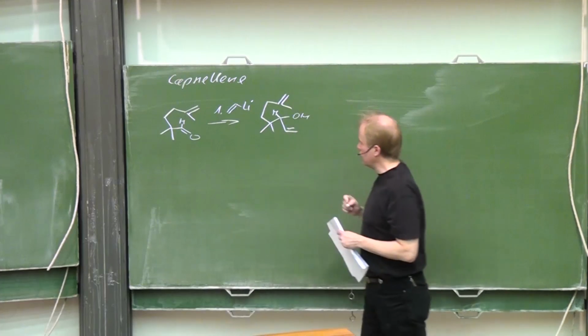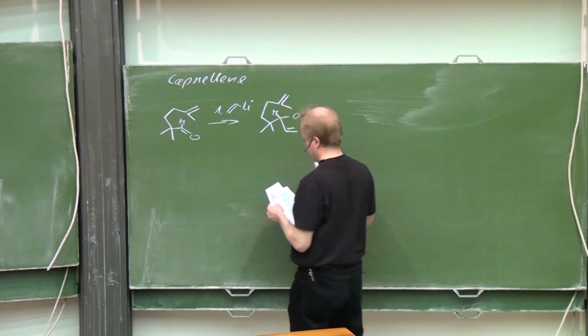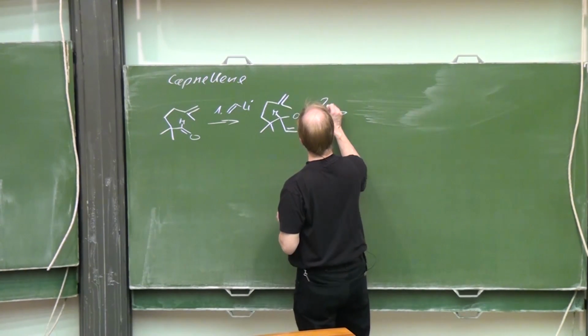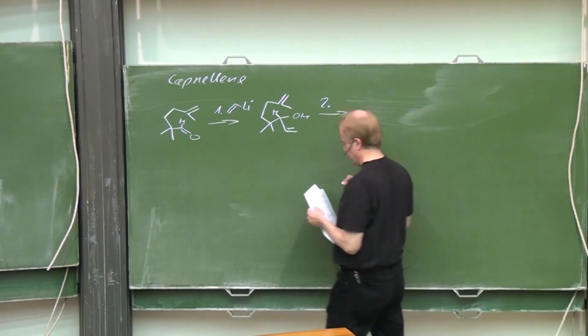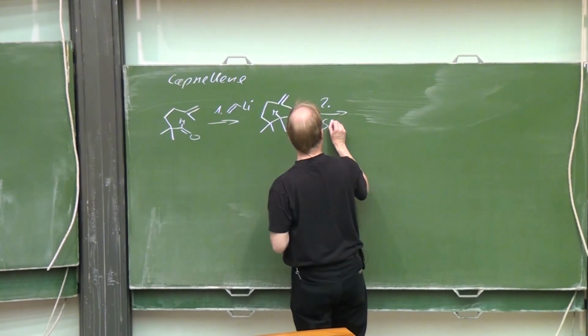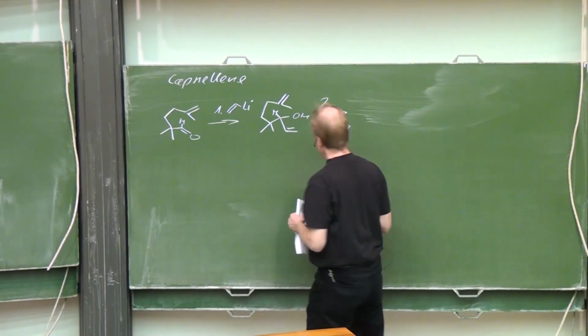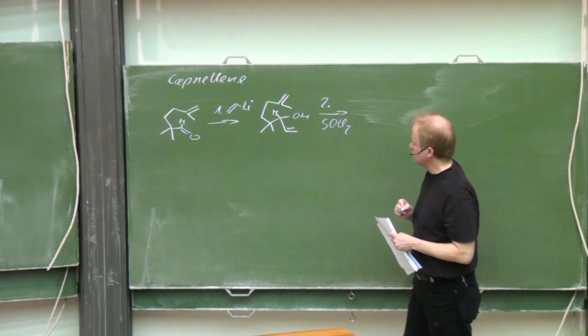You get this allylic alcohol. Secondly, treating that with thionyl chloride.